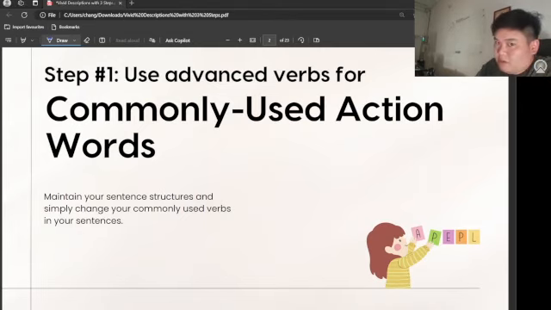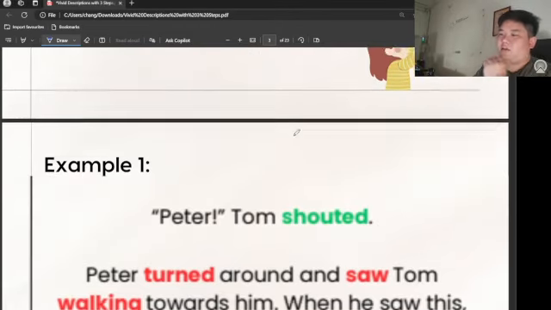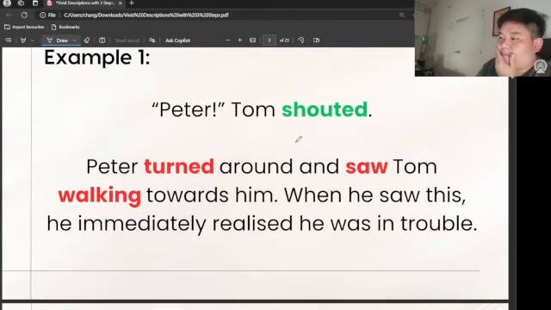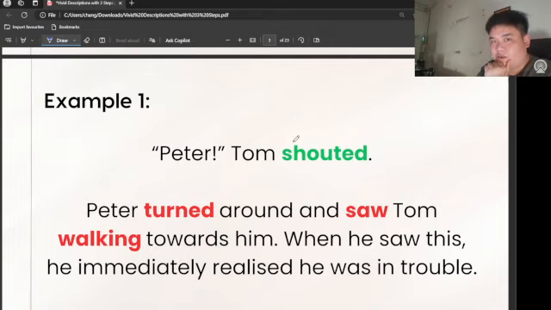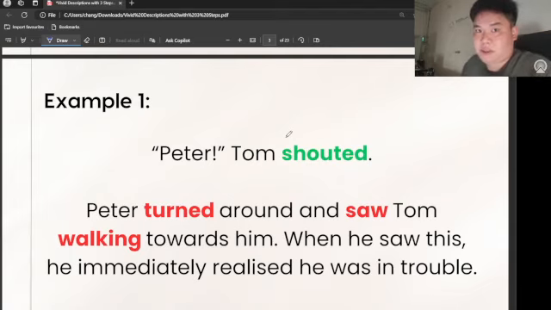So what do I mean by that? Let's look at a simple example here. Let's say you're writing a scene whereby the main character, or perhaps not the main character, because typically when you write narratives for O levels, you have to write in first person perspective.